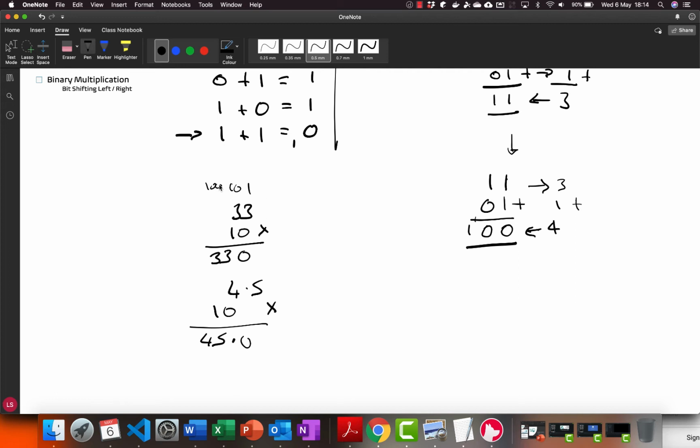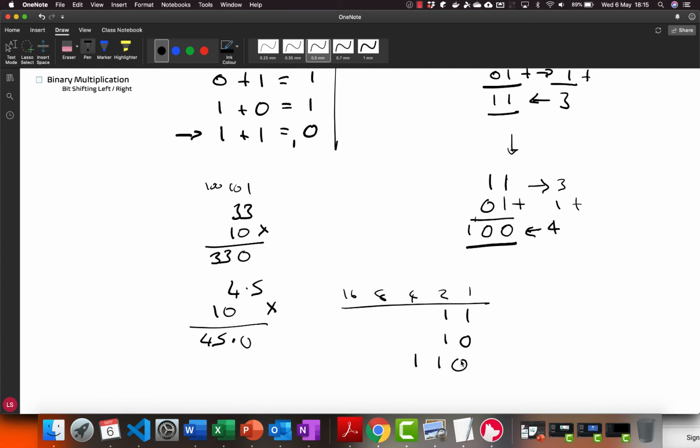So we can do exactly the same thing with binary, where our columns are 1, 2, 4, 8, and 16, etc. So if I have a binary number like this, and I want to multiply it by 2, I ask how many zeros there are. Well, there's 1. So now I'm just going to move everything over by 1 column.